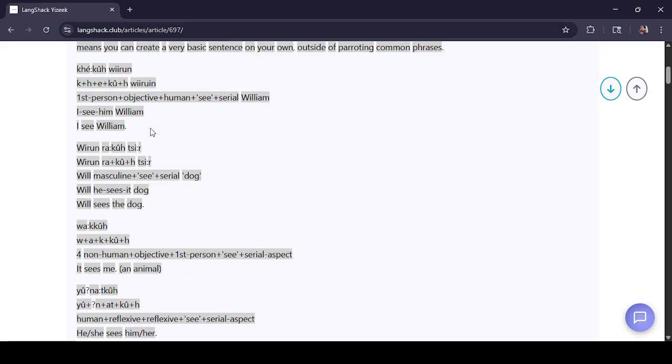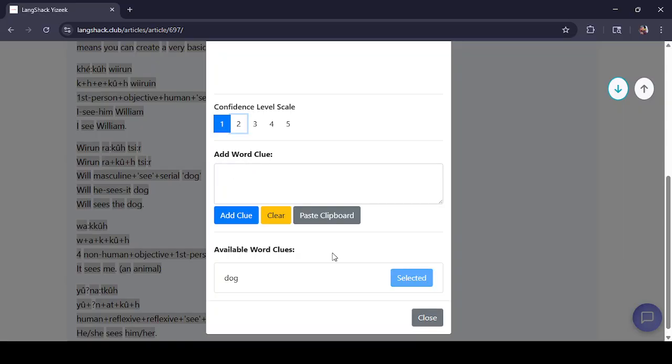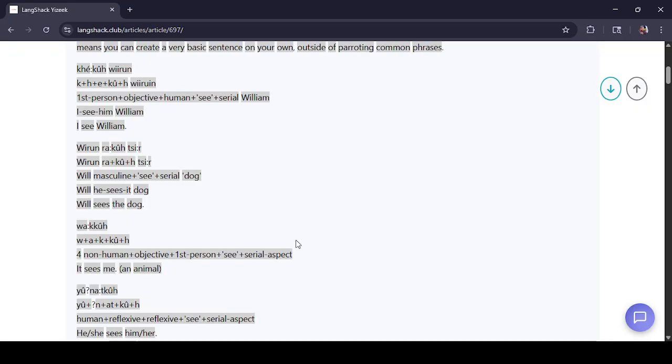So this is a dog. Let's see it as a dog. I kind of know this one a little bit. And then in this example here, you have that same huh sound, huh at the end.